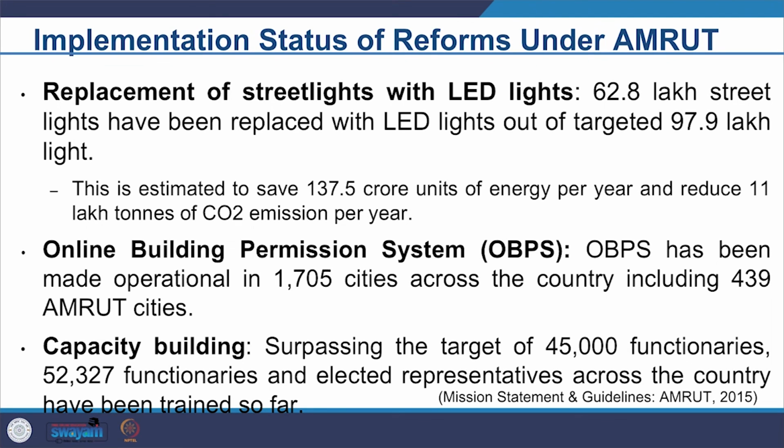Online building permissions, OBPS, has been made operational in 1,705 cities across the country, including 439 AMRUT cities. Capacity building has surpassed the target of 45,000 functionaries: 52,000 functionaries and elected representatives across the country have been trained so far.